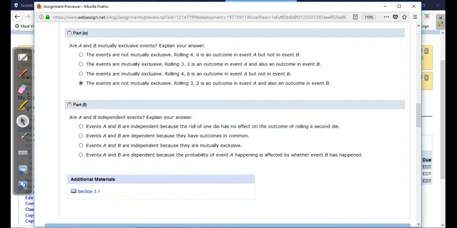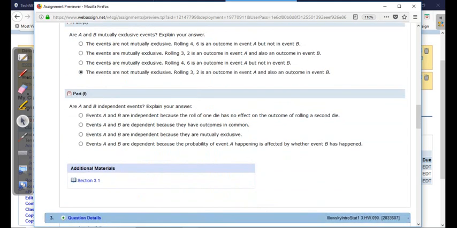We say, well, okay, what about are A and B independent events? Well, clearly not, right? Because one could affect the other. So they're not independent events, but what could we say? Well, events A and B are dependent because they have outcomes in common, or because the probability of A happening is affected by whether or not event B has happened.